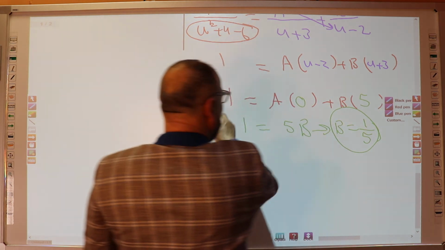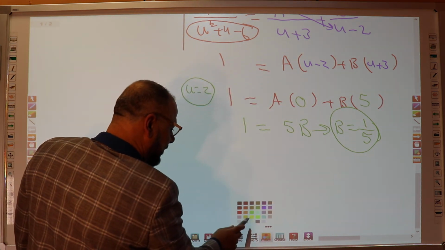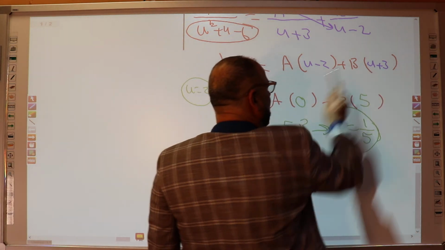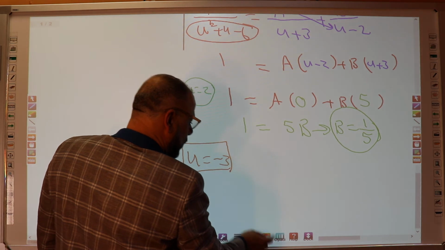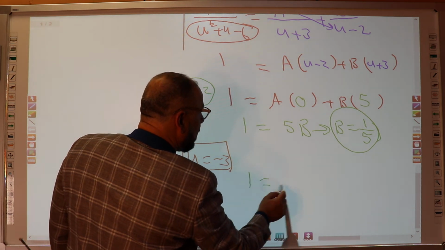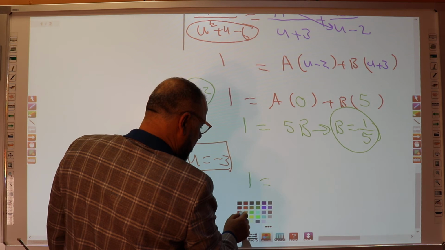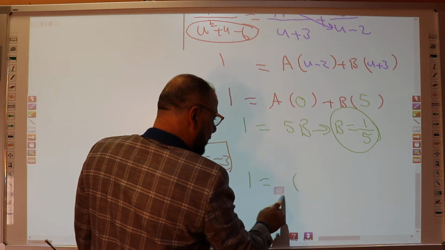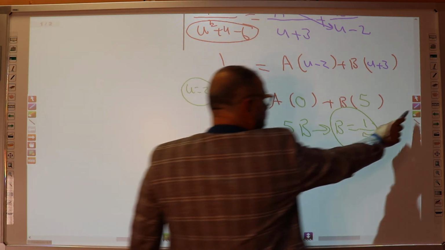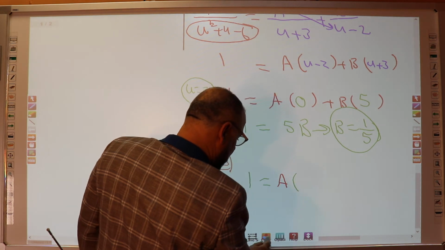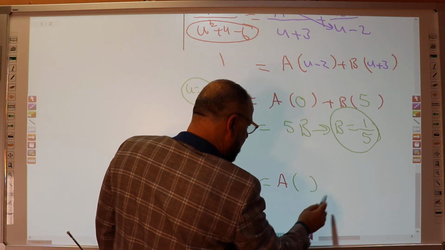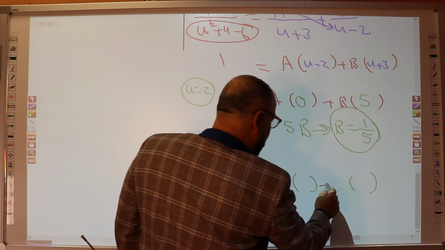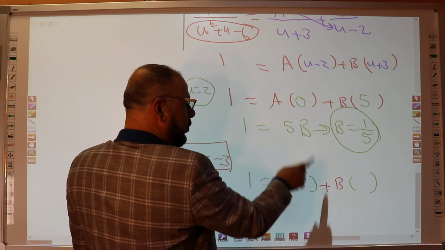The second one, after we use u equal 2, we're going to use u equal negative 3. Why negative 3? Because I have plus 3 here. That cancels this. Then 1 stays 1, A stays A, and B stays B. And we know B is 1/5, right?